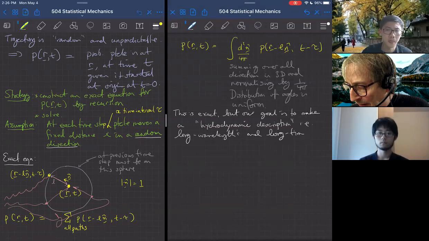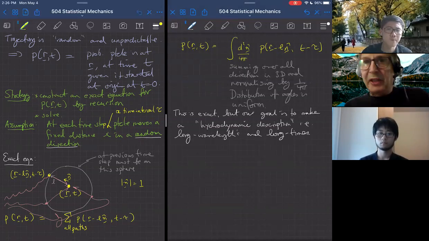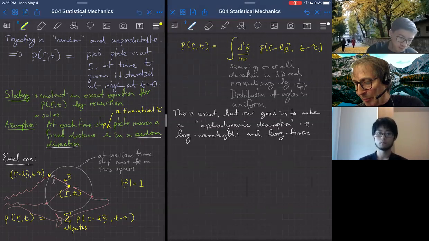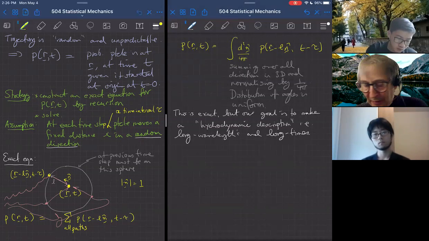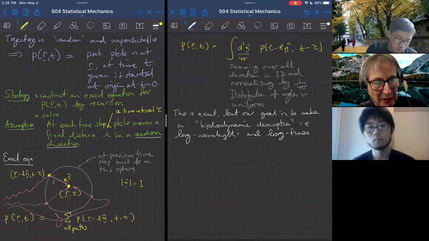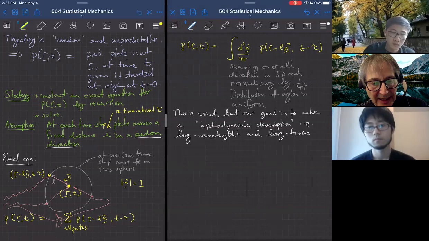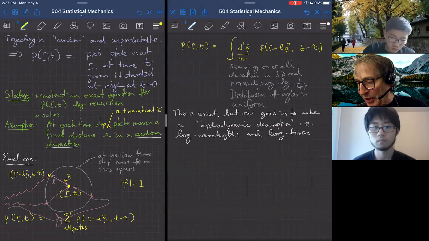And that's kind of consistent with our whole picture of statistical mechanics as being some kind of coarse-grained description of a physical system. So what is the way we do that? Well, what we're going to do is expand the P of r and t in a Taylor expansion, and just keep the long wavelength terms.